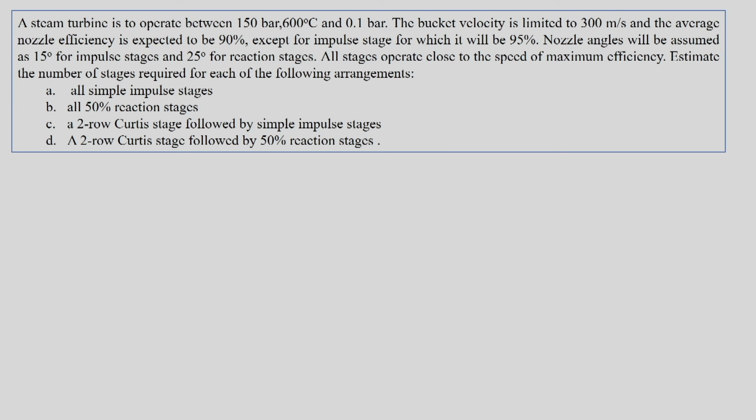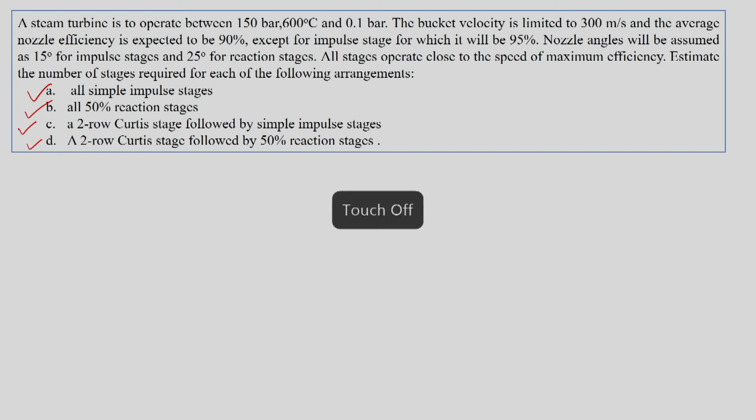Estimate the number of stages required for each case of the following arrangements: all simple, all 50% reaction, a two-stage Curtis followed by a simple impulse stage, and a two-stage Curtis followed by 50% reaction. So in this we will go ahead and see.